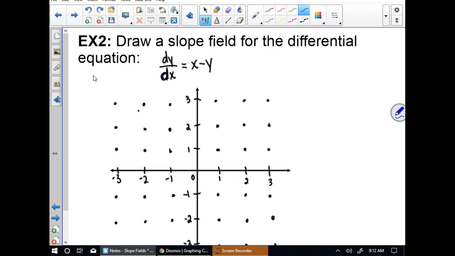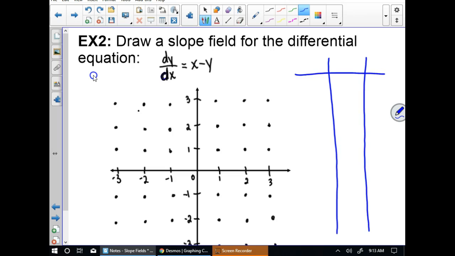They did this a few years back on the AP exam, and it really threw kids off. Can we take the integral of that? Can we separate it and take the integral? We cannot, because we've got x minus y, so we're not going to be able to separate those. So as far as what we know how to do, there's no way for us to actually integrate that. But if we draw a slope field, it'll at least give us a picture of what the solutions look like.